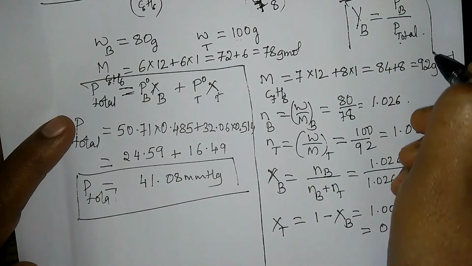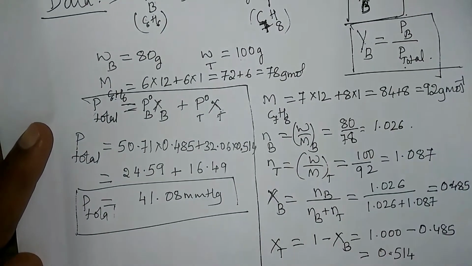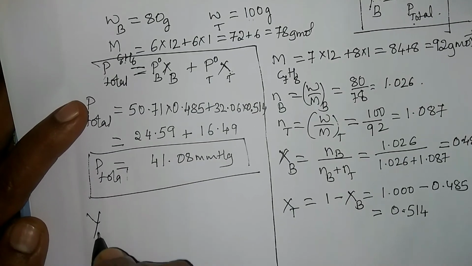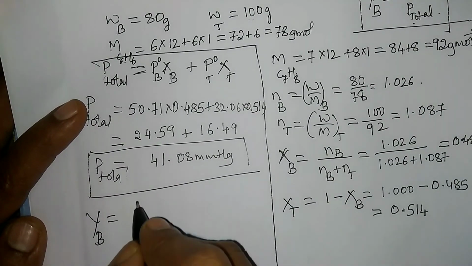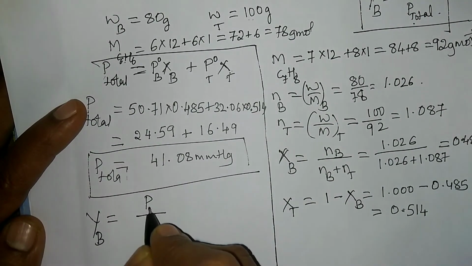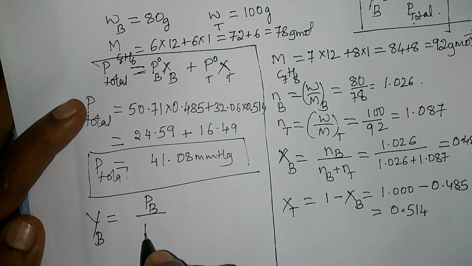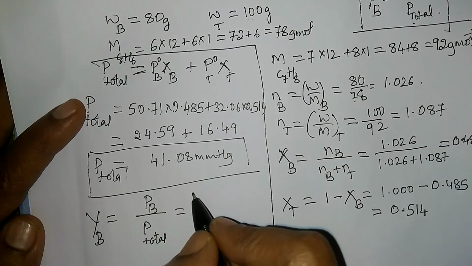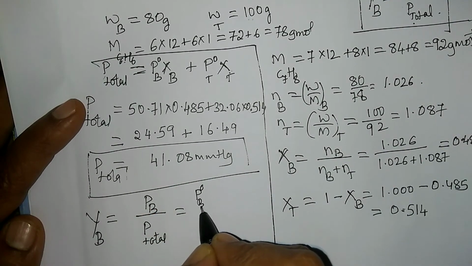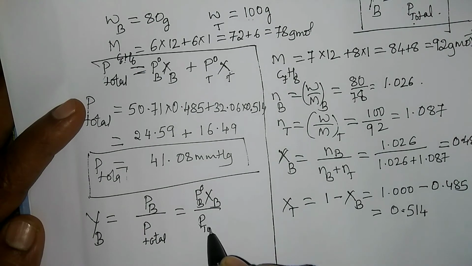Now we are going to calculate the mole fraction in the vapor phase. The mole fraction in the vapor phase of benzene is equal to the partial pressure of benzene divided by the total pressure. So the partial pressure is P naught of B into XB, divided by P total.